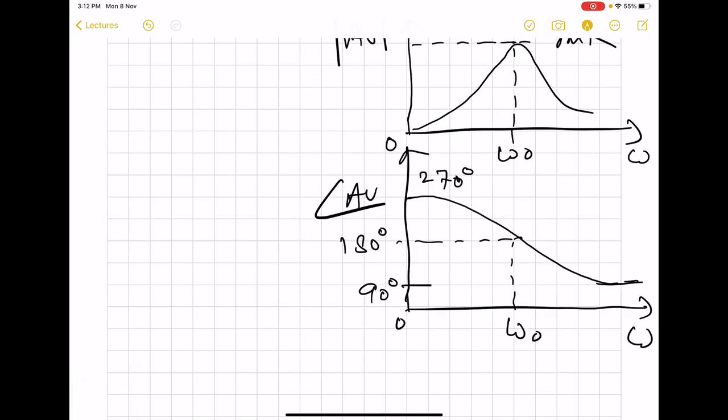So if you want to use this amplifier for making an oscillator, then we will have to do something so that we can get a total of 360 degree phase shift, of course by making a loop.